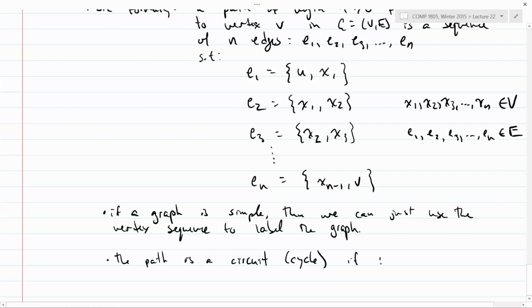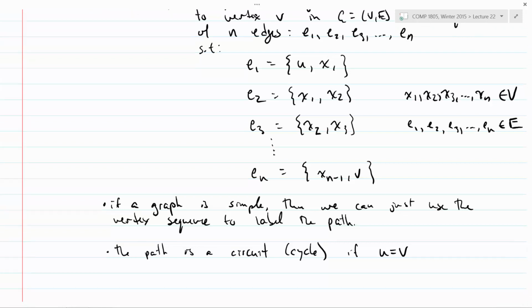This happens if U and V are the same thing. So if your starting point and your destination are the same. Label the path. Good catch. All right, so the path is a circuit or cycle if U equals V.